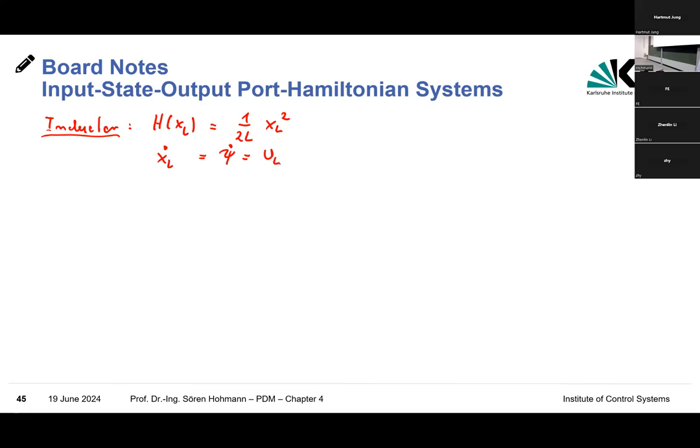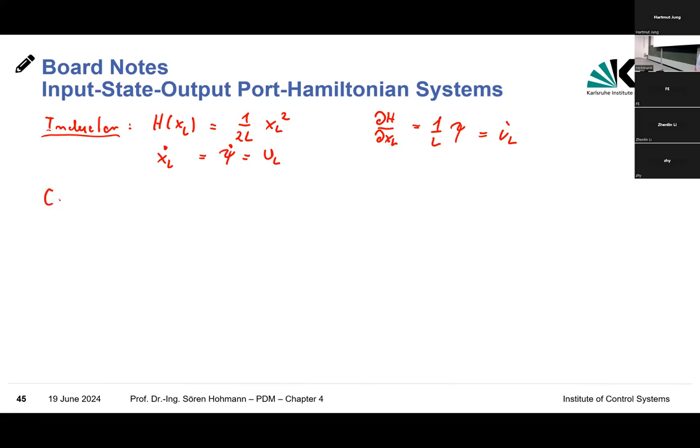And in addition, we know that dH derived with respect to x_L gives 1 over L times psi, which is nothing else than i_L. So the current through the inductor, right?